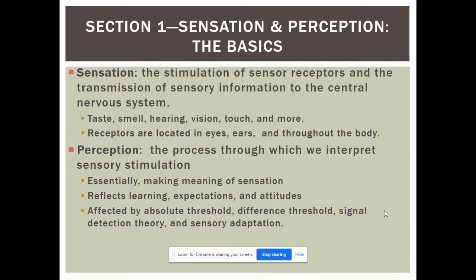So when we look at sensation, we're basically looking at how the pieces of your brain as well as the outward sensory receptors are transmitting information and then using that information for some sort of vital central nervous system function. Now, we have the five basic sensations of taste, smell, hearing, vision, and touch.